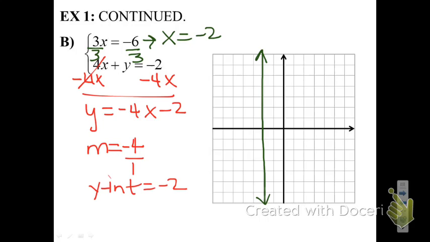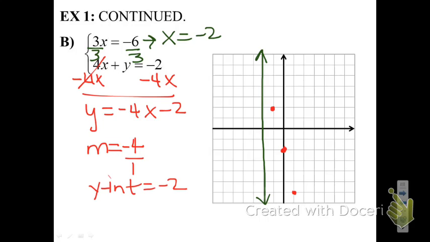We start at negative 2 on the y-axis. We apply that slope, which says down 4, 1, 2, 3, 4 over 1. And I'm going to go the other direction, so instead of going down 4, I'll go up 4, 1, 2, 3, 4, and back 1. I'll apply that negative to the 1. I'll do it again just so I can make sure exactly where this line in red will meet the line in green.